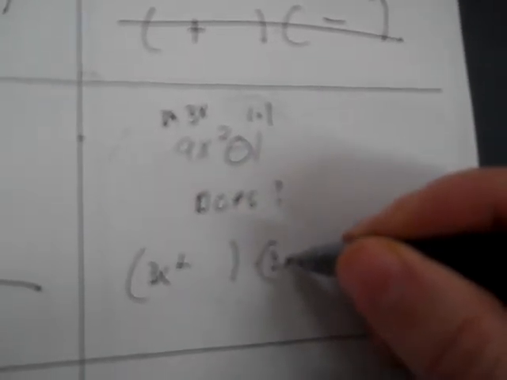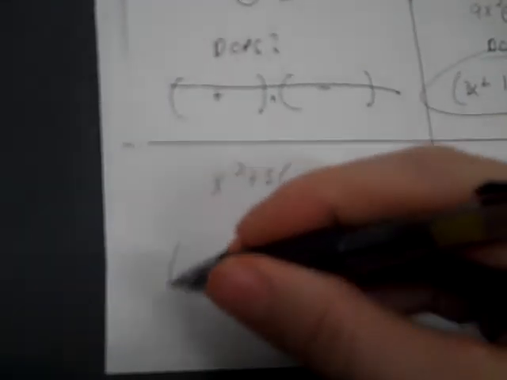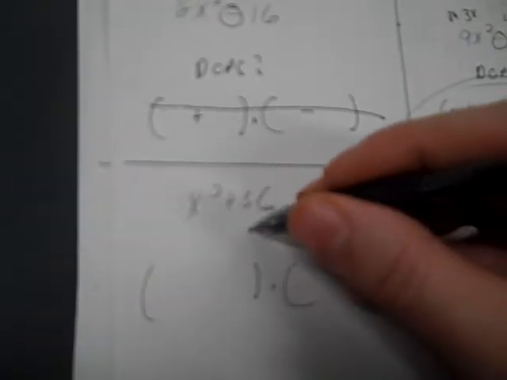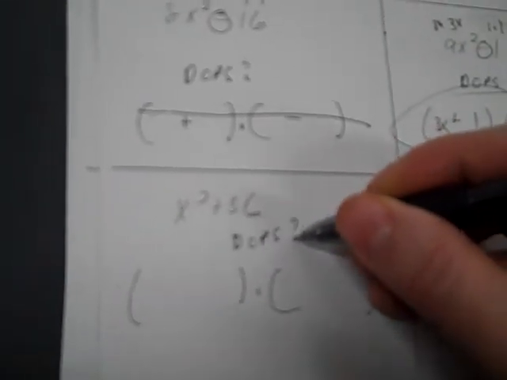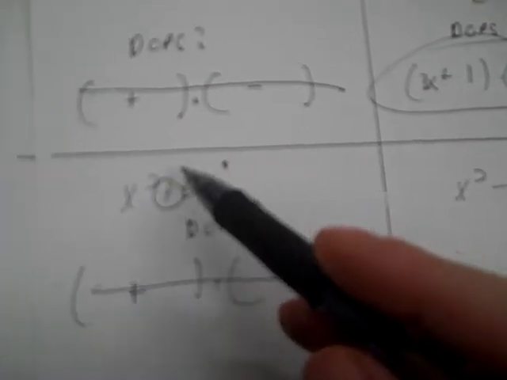Okay, so that's 3x, 3x, and then 1, 1. DOPS. Got the wrong sign, can't do it. I don't care that that's 6 times 6 and that's x times x. If it's got a plus, it can't be done.